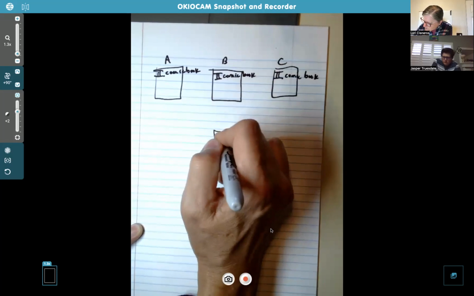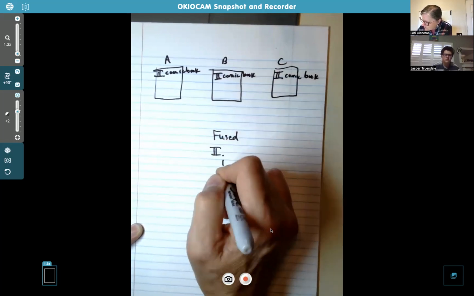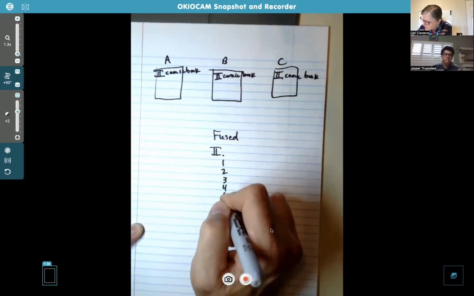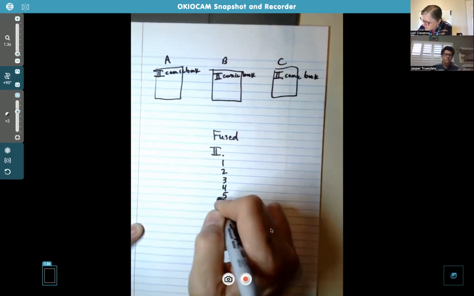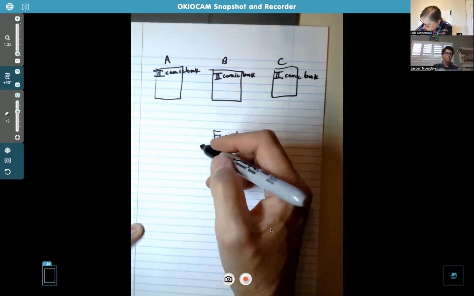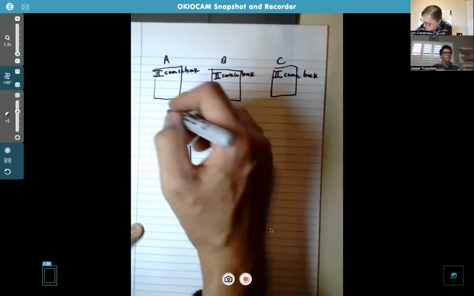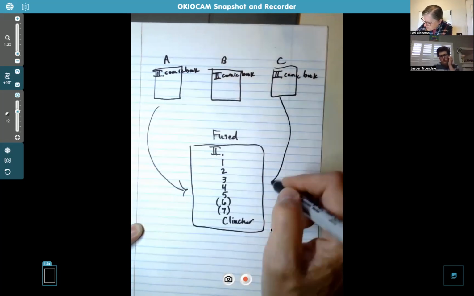And then you would do a fused, and this would be Roman numeral 2. Okay, you're going to do the same thing, pull information from here and make a fused.